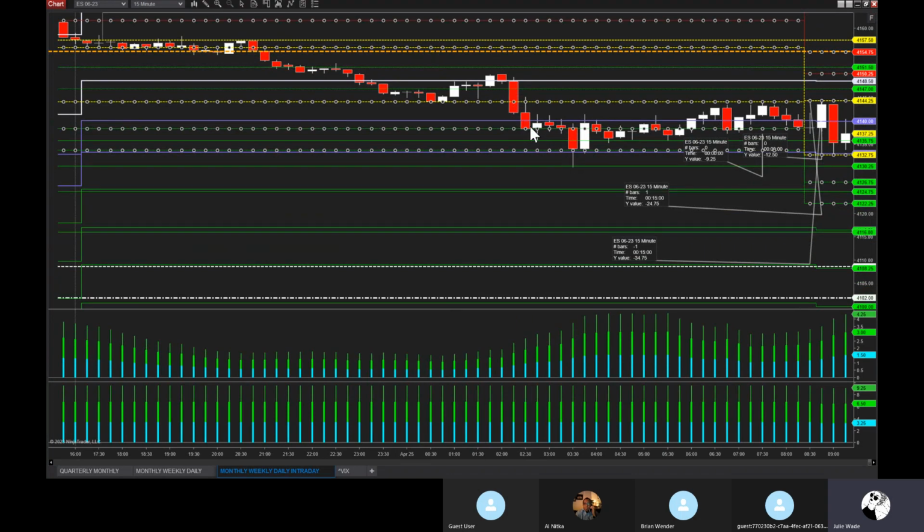It came to the targets, the 2 and the 3, and then it came back and became resistance, right? Acted as resistance twice. Came down 3 times, came down 4 times. So this has been a really strong resistance level so far. And then it came down to the opposite one.